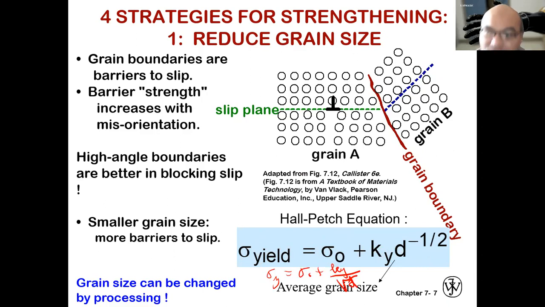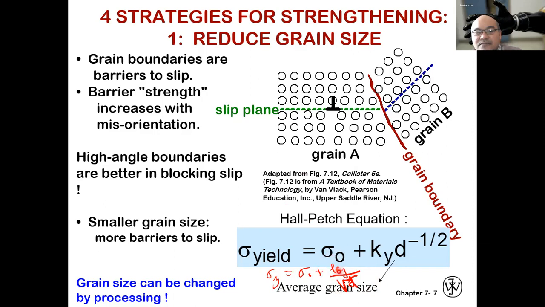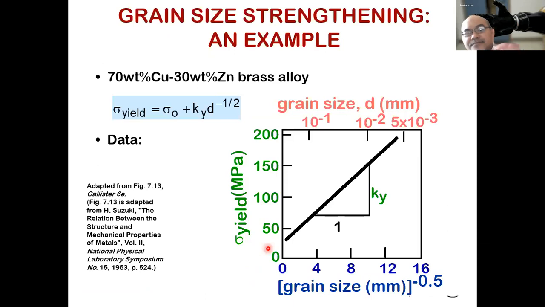If D is made smaller, this Ky term will be made larger. It means the yield strength will increase. Okay. By reducing the grain size, you increase the yield strength.